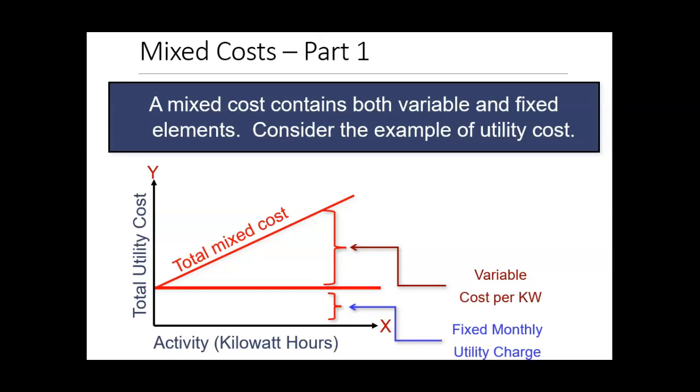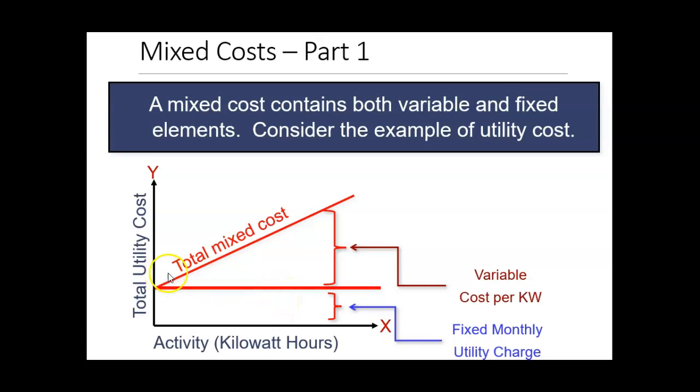There's a component of the electric bill that's going to be fixed, meaning that if you were to leave town for the entire month, turn everything off in your house or apartment, didn't have any TVs on, no lights, no nothing, guess what? You will still get a utility bill for a certain dollar amount. That amount is going to be the fixed portion of the utility bill.